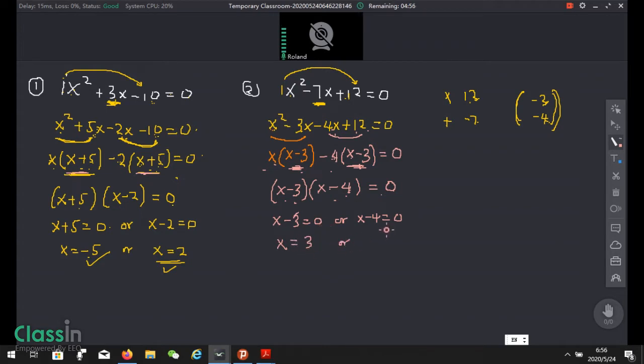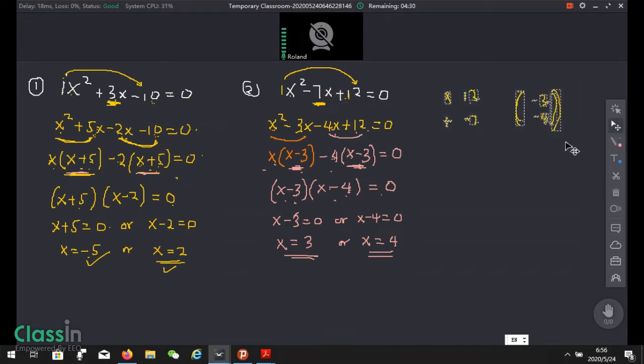If x minus 4 is 0, we can take negative 4 to the other side to become positive 4. So x equals 3, x equals 4 are the answers. You can check just like we did here by substituting 3 into the original equation to see if you get 0, or by putting 4 into the original equation to see if you get 0.